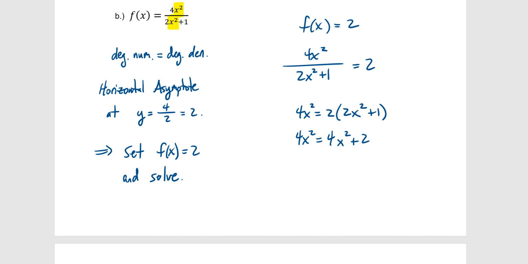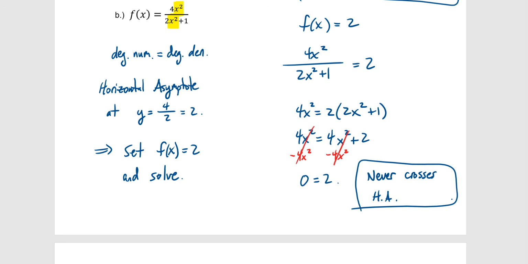We would try to subtract 4x squared from both sides to get the x's on the same side. However, it actually cancels off on both sides. So we're left with 0 equals 2. So since this time the variables canceled and we clearly have a false statement here, 0 equals 2, that means it never crosses the horizontal asymptote. Okay, so if the variables completely cancel, then it never crosses the horizontal asymptote.